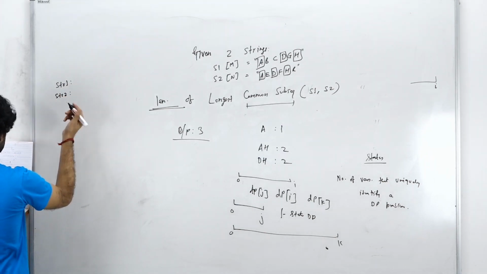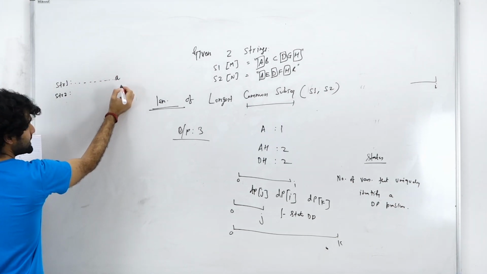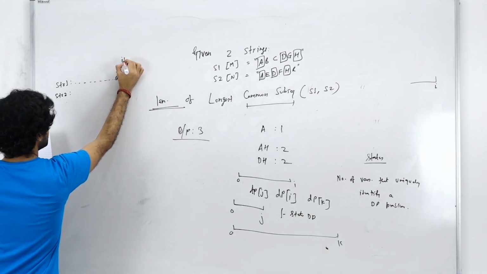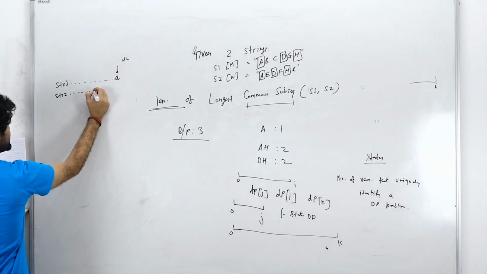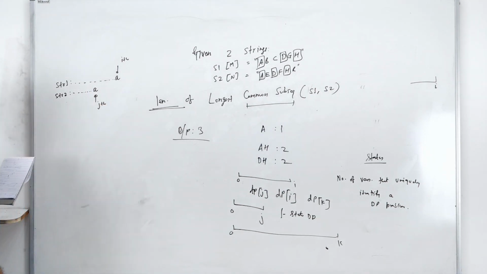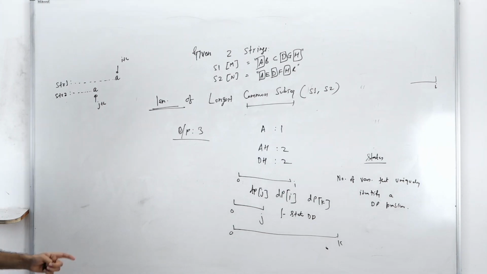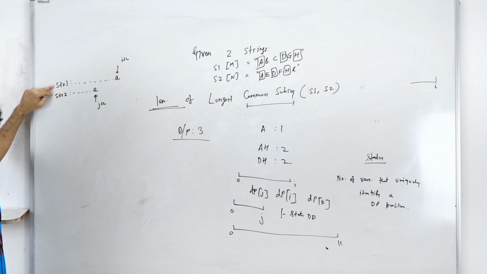This is my string 1, its last character is A, this is my ith character, and this is my string 2. Its last character is also A, this is my jth character. Let's say you are trying to find the longest common subsequence of string 1 and string 2.